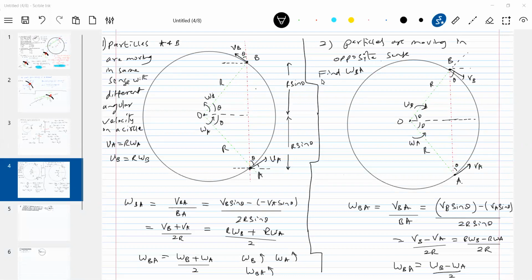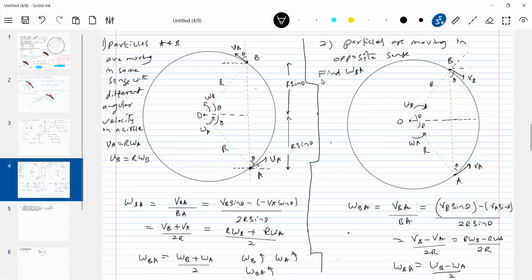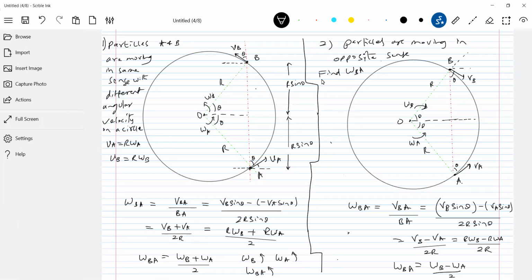Okay, fine. So let's go for the numericals. See, the same thing, how numericals will come. We'll add one page.